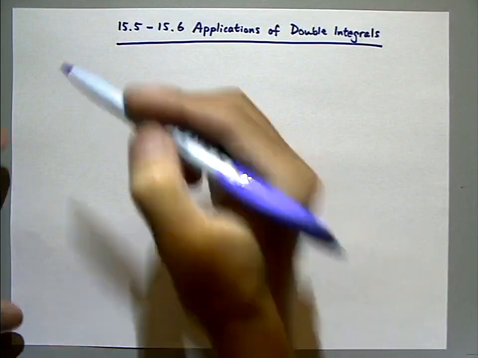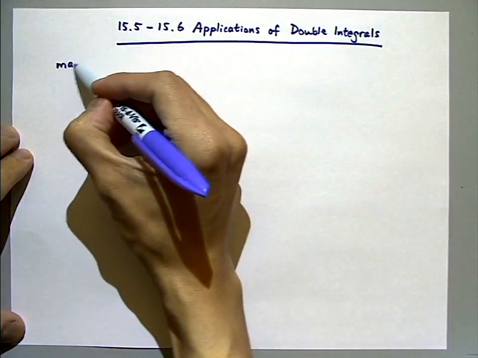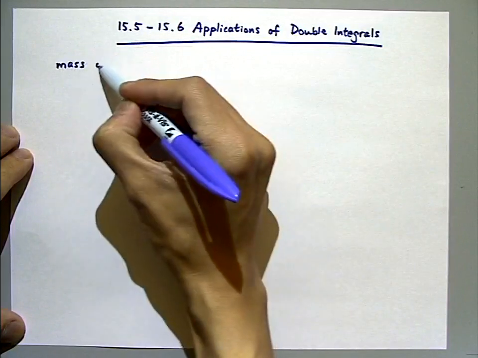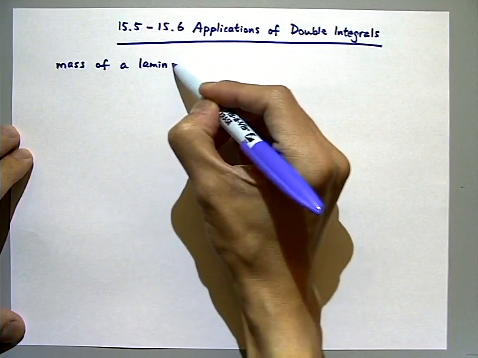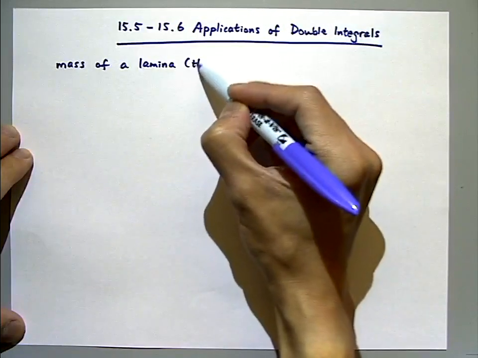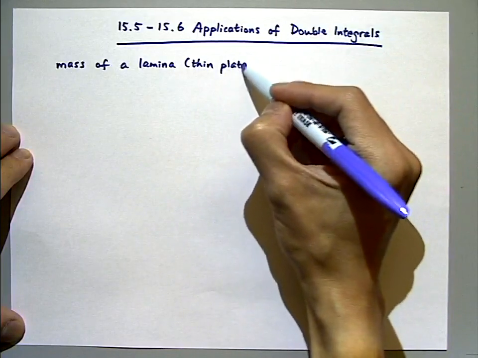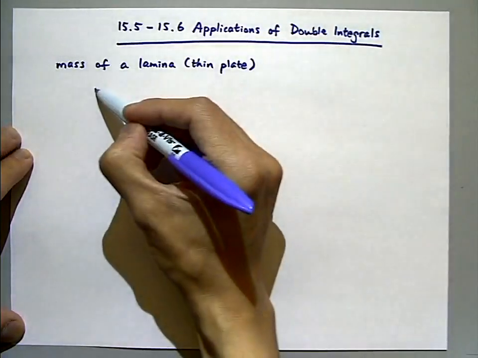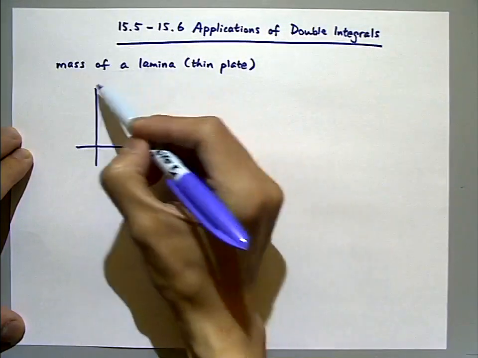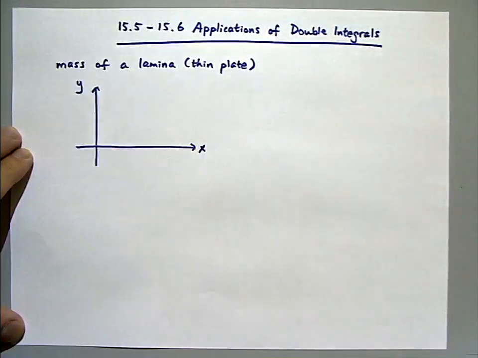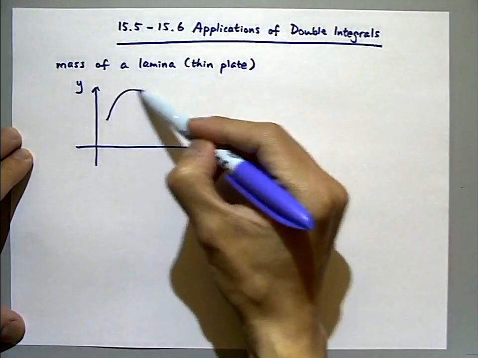Okay, so the first thing we're going to do here is, if you imagine, this is a problem dealing with finding the mass of what's called a lamina. And a lamina is just a fancy name for a thin plate. Okay, so imagine you have a very thin plate that's got some arbitrary shape.